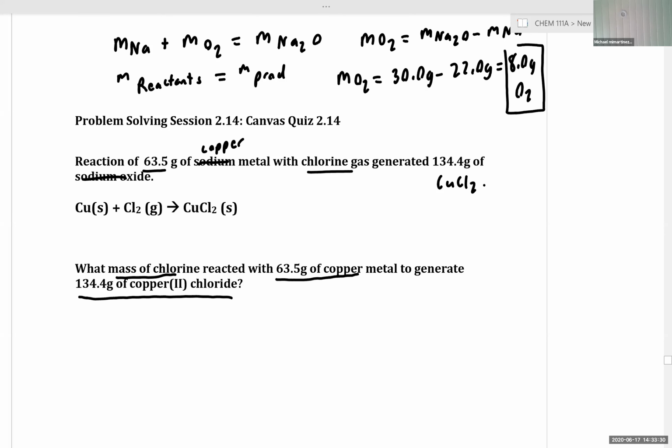And don't be shy to message me with any questions you have about this problem solving session 2.14. We're already seeing some reasonable responses in the chat. Let's get a few more in the chat or via Canvas before we discuss this question.